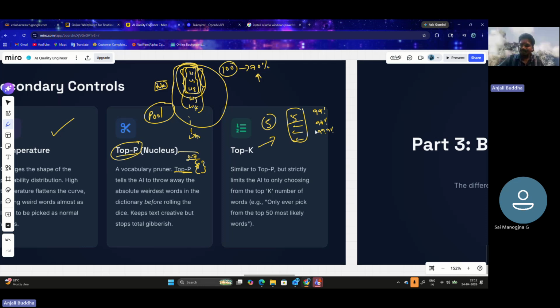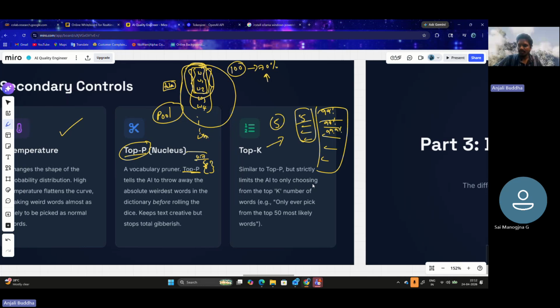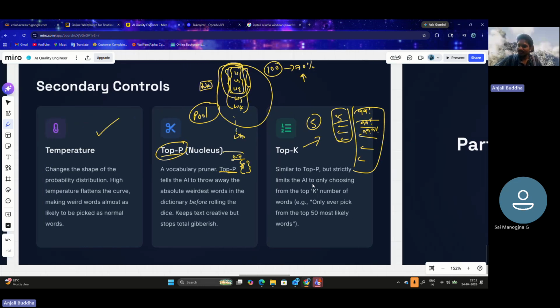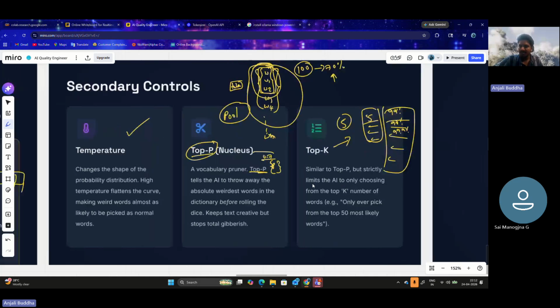Let's say K is 50, then the top 50 of these could be chosen. So here we are basically controlling what the model chooses as the next one, because that acts as a context for the next token generation too. That is where our intelligence is lying. So by controlling this, we're actually controlling the large language model's responses to some extent.